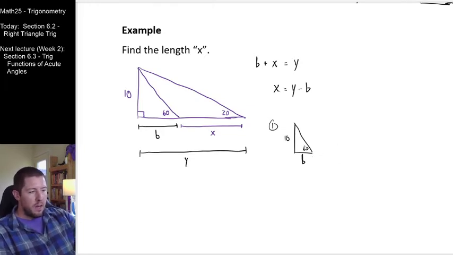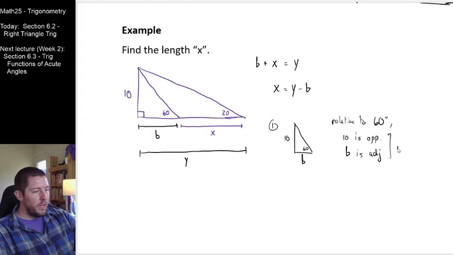In this case right here, it looks like I know the angle of 60. I know that 10 is opposite and b is adjacent. So relative to 60 degrees, 10 is opposite and b is adjacent.